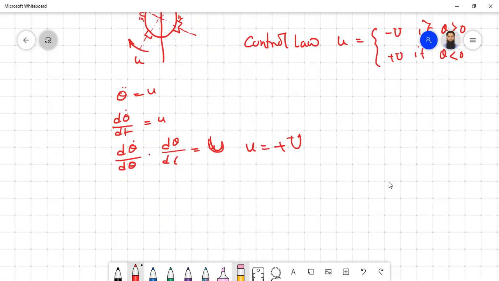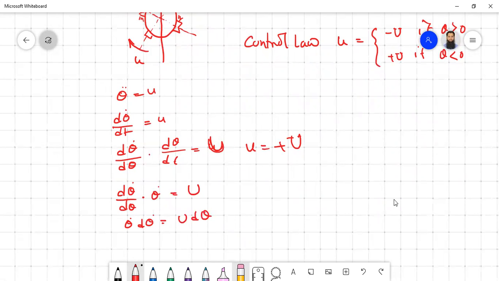So now, as before, d theta dot by d theta into theta dot equal to u. So theta dot d theta dot equal to u d theta.